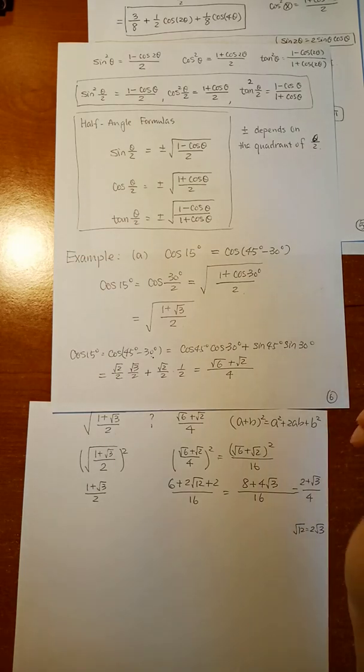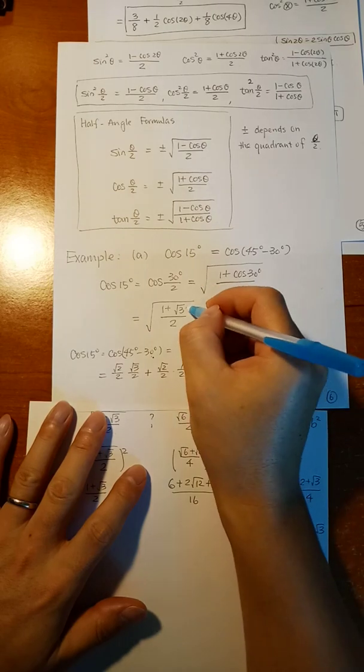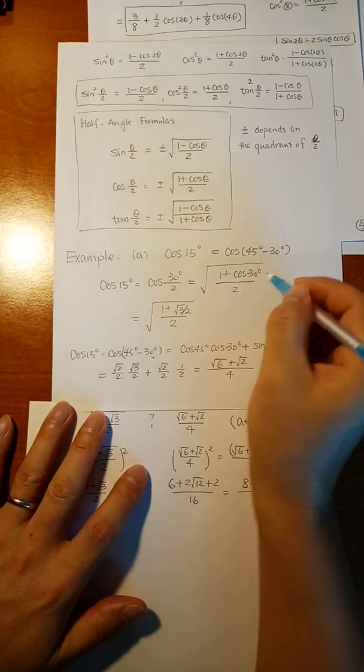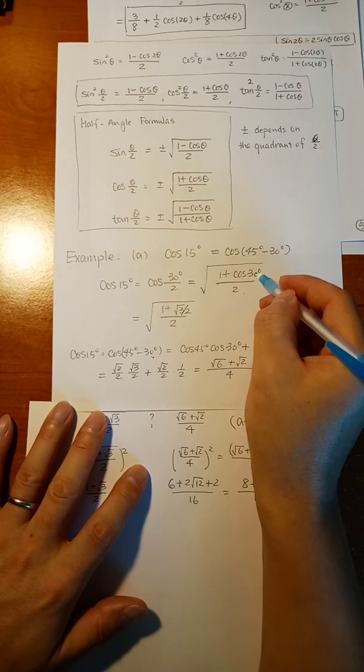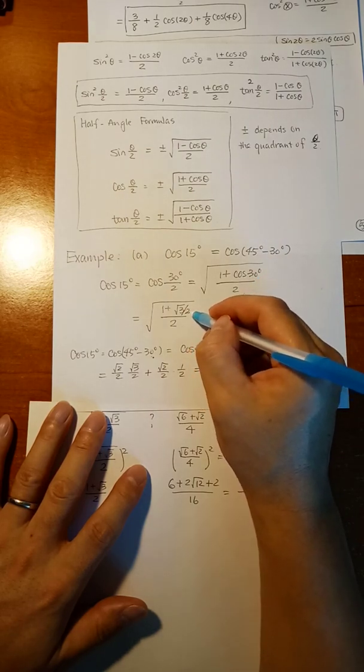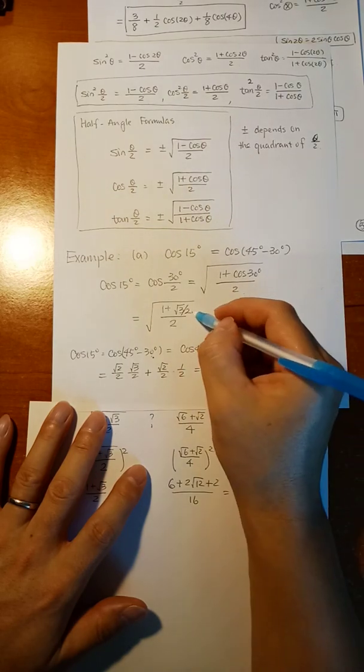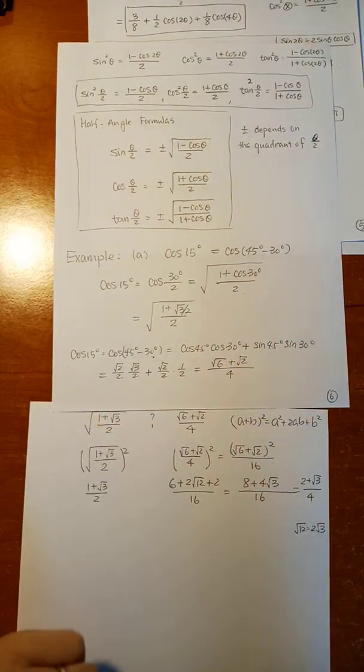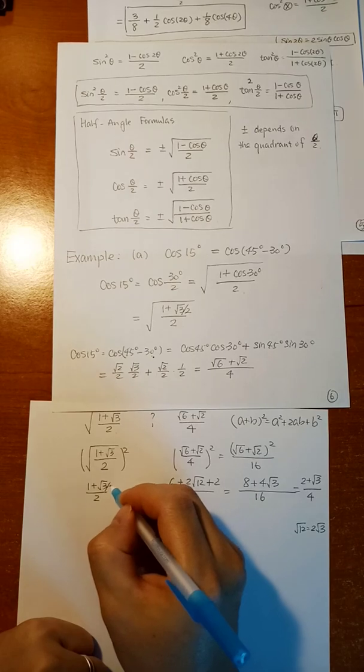Okay, so that's a problem. That's why I feel weird. It's totally my problem. Cosine 30 degrees is square root of 3 over 2, not square root of 3. I feel I'm wrong.